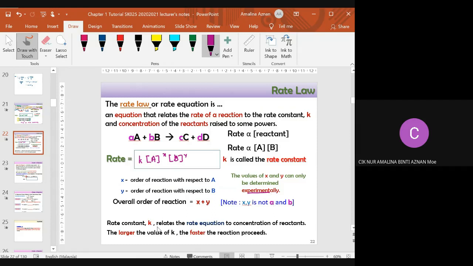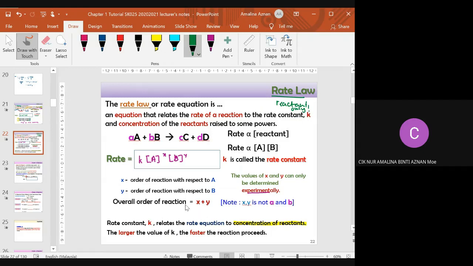And the rate constant k relates the rate equation to the concentration of reactant. So remember, for rate law, we only write for reactants only.